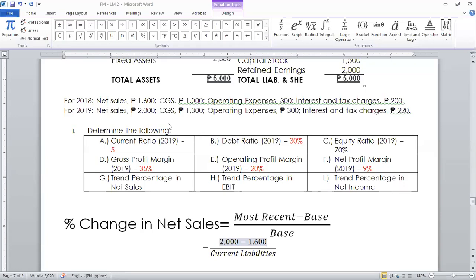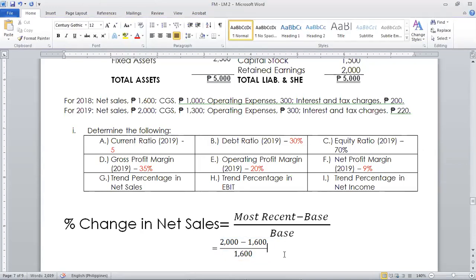So divided by the base. What is the base again? It's 1,600. Okay. So how much will it be? 25%.